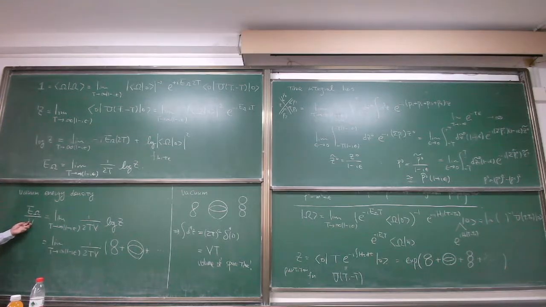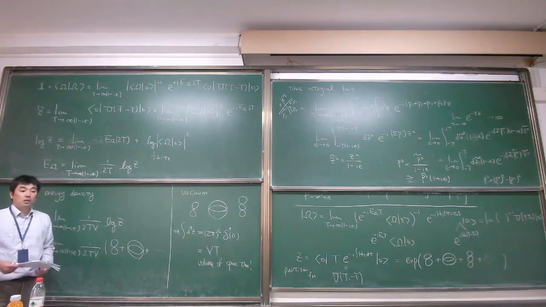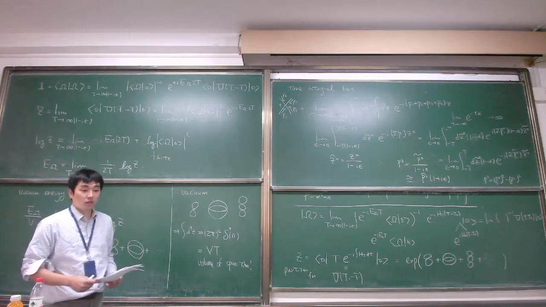Is it okay? Do you understand? It may still be divergent. What? The energy density, because there are so many diagrams, order by order. So we have a lot of diagrams. Will the vacuum energy density be divergent?